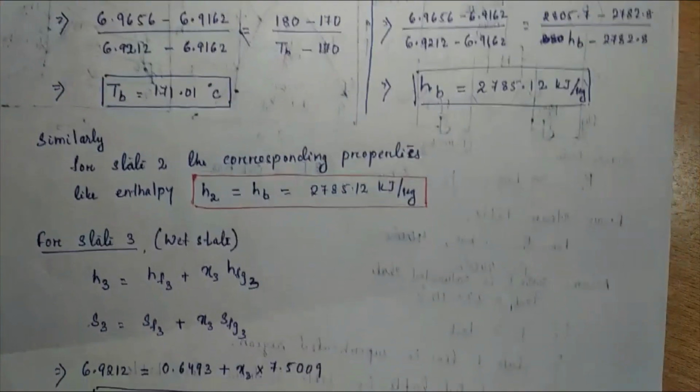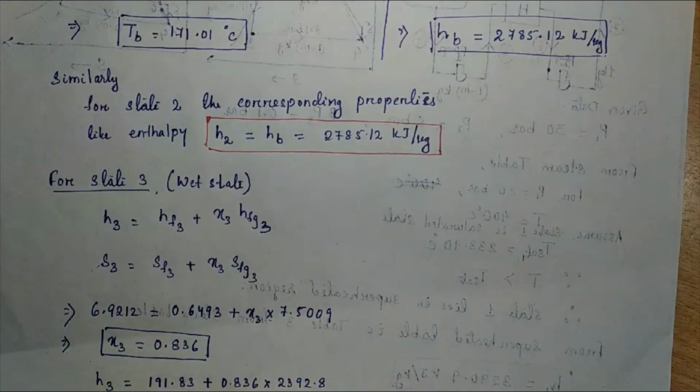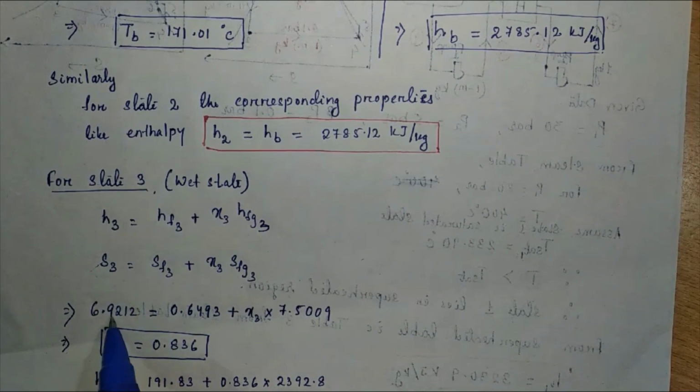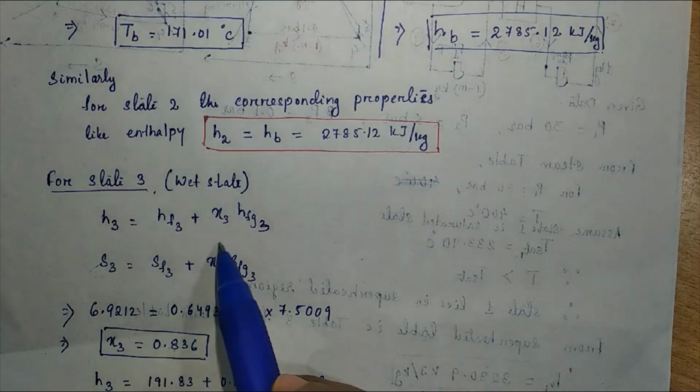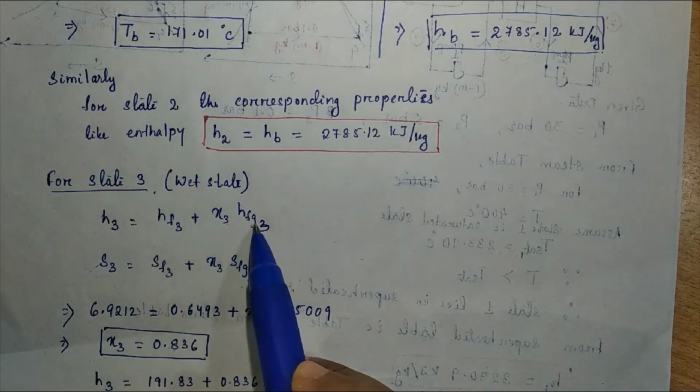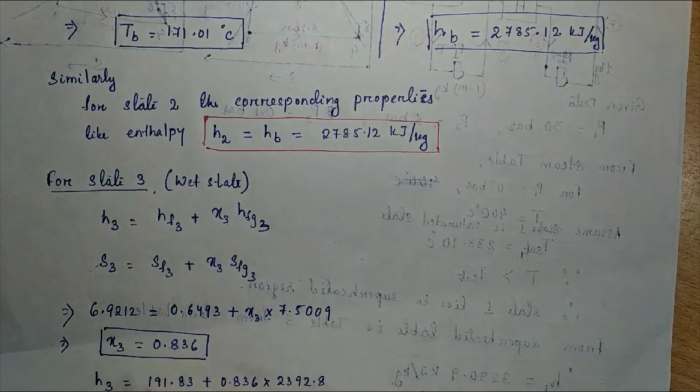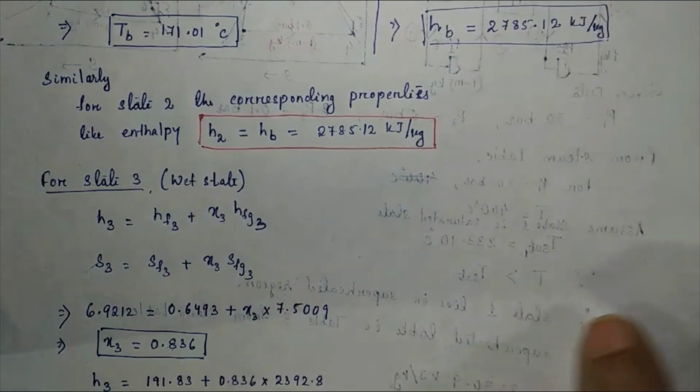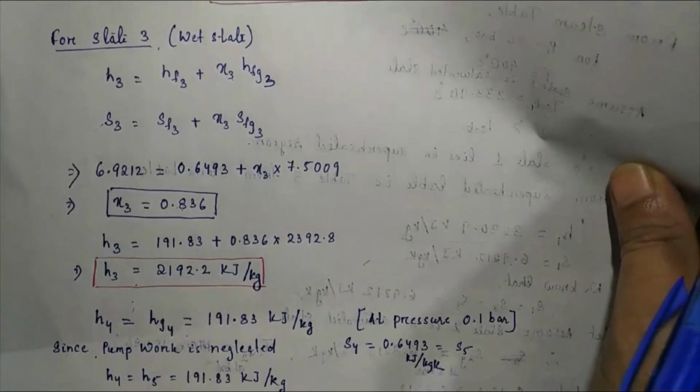So we get the values of X3 and H3. So now I use it for entropy: 6.9212 equal to 0.6493 plus x3 into 7.5009. So x3 is this. So substitute this value in this equation, with the HF value and HFG value from the same table. By substituting these values, H3 equal to 2192 kilojoule per kg.